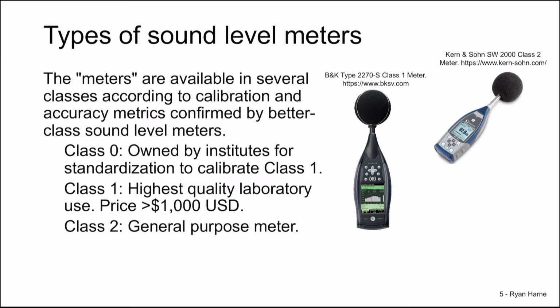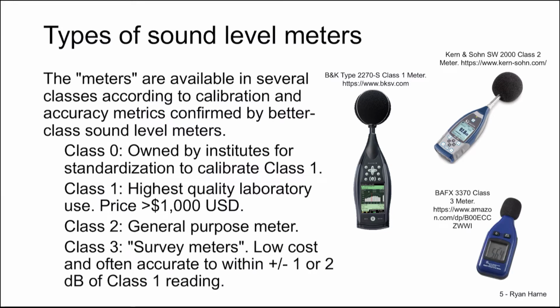Class 2 sound level meters are more down to earth in the price regime and have accuracy very close to the highest quality Class 1. Class 3 sound level meters are sometimes called survey meters. They are low cost and can be found easily within the $50 price range currently from distributors such as Amazon.